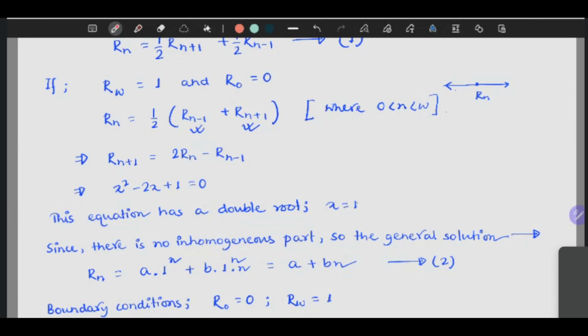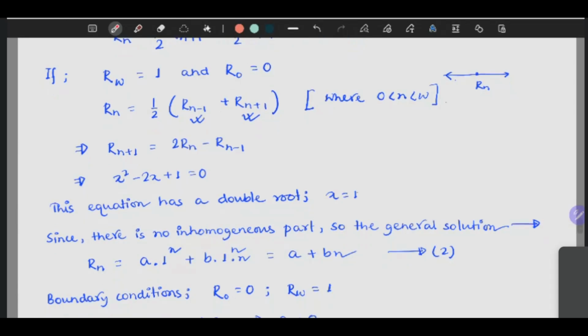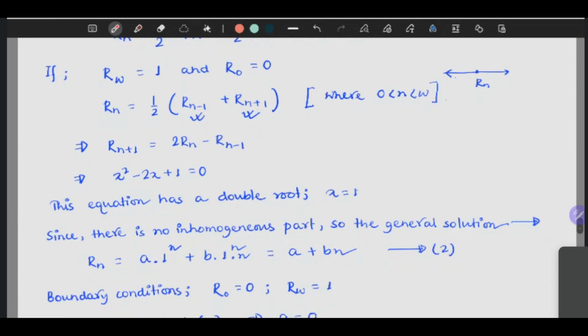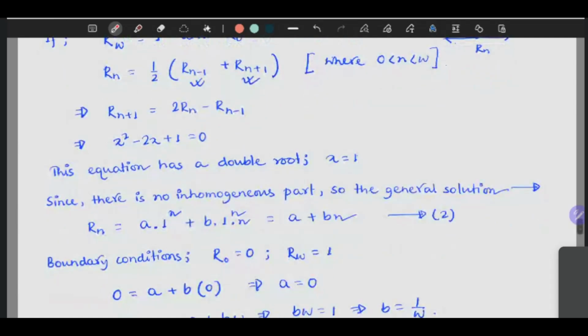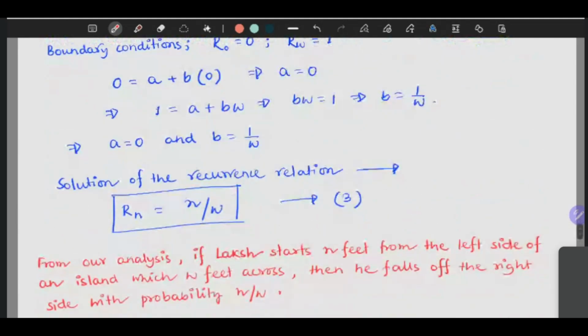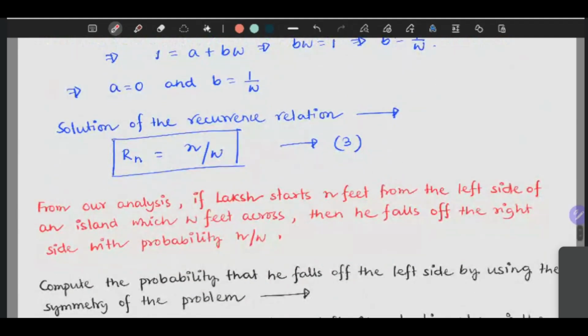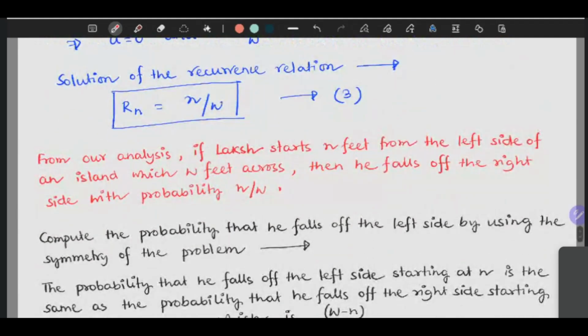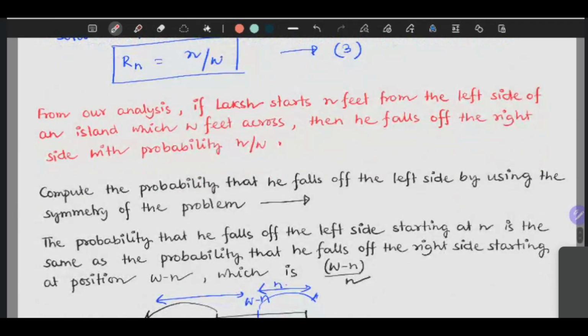From a plus bn, using the boundary conditions, let n equal 0, then R0 is 0. When n equals w, that is the right end, R equals 1, and from that you get the probability. Now after computing all these probabilities you will get these things.